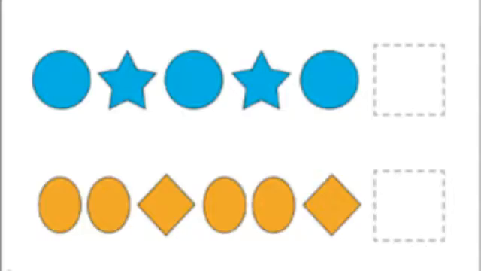Here you can see the same design is placed horizontally and then vertically, then horizontally. Then we will get a pattern. In the lower class you have learned a pattern like this, and you can complete the next box. One circle, one star, then after one circle, next one is one star.